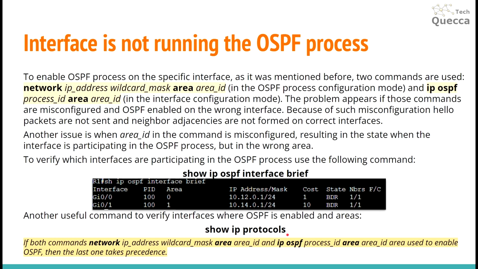If both commands, network IP address, wildcard mask, area ID, and IP OSPF process ID, area ID are used to enable OSPF, then the last one takes precedence. So this one takes precedence over this command.